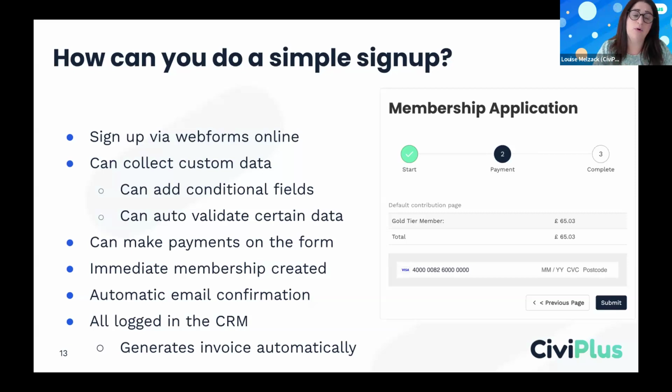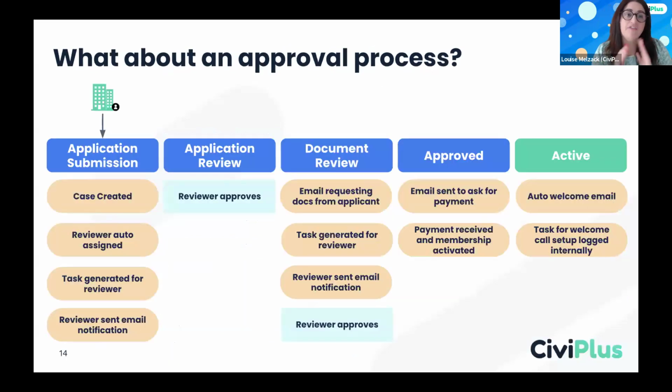So really simple, really easy to sign up if that's how you want your members to sign up to your association or organization. But what if you have an approval process? What if there are several steps that an organization would need to go through to be approved to join? So for example, the Happy Planet Association does require an approval process.